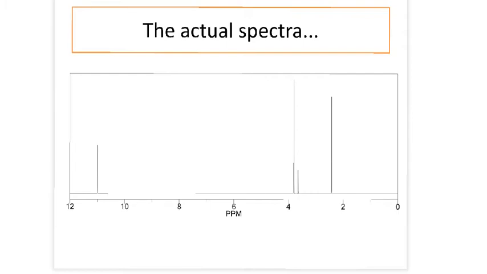Now a quick word about integration of NMR spectra. You can't do this with carbon NMR spectra, but with proton NMR spectra you can tell by the integration how many hydrogens give rise to that particular signal. So the bigger the area under a peak, the more hydrogens that give rise to that peak.